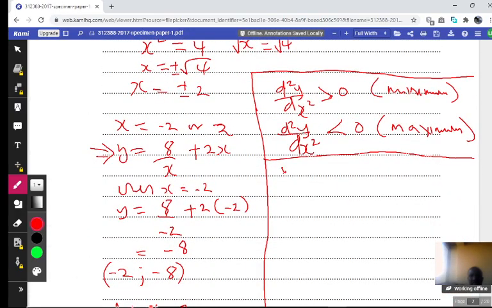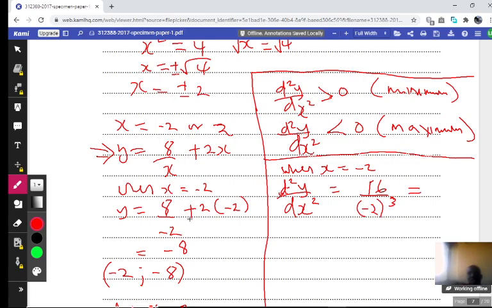So we say when x is equals to minus 2, d squared y over dx squared is equals to 16 over minus 2 cubed.